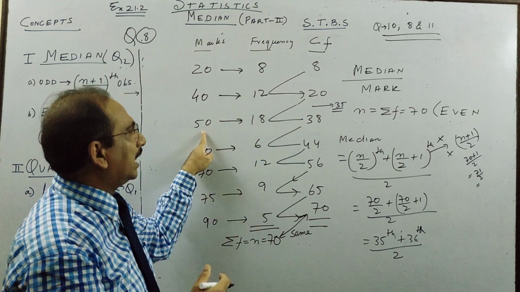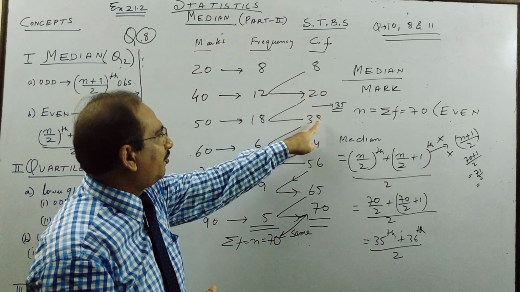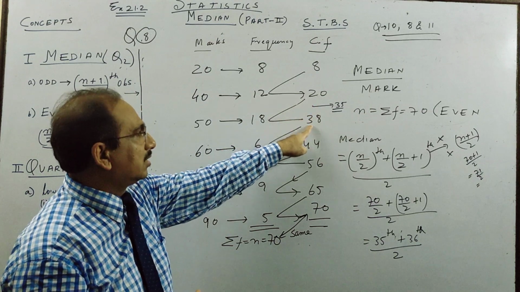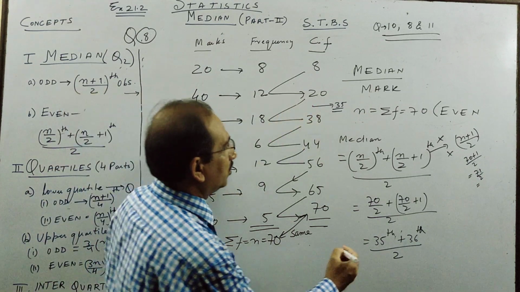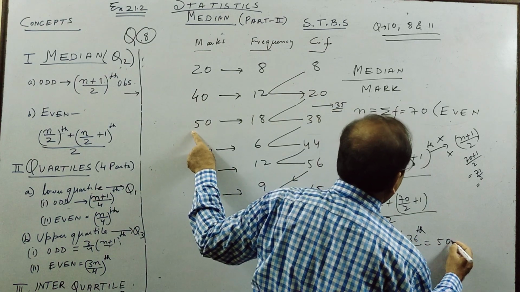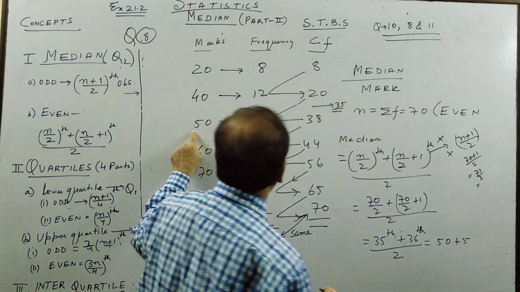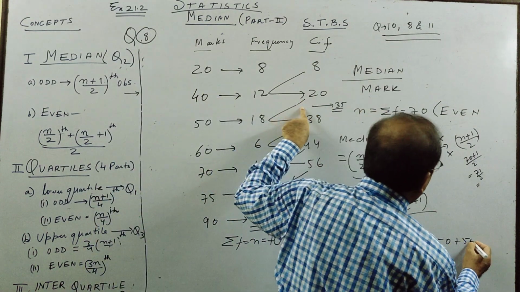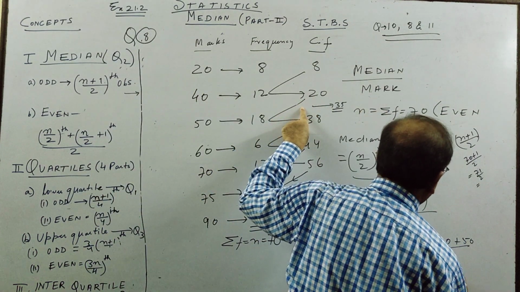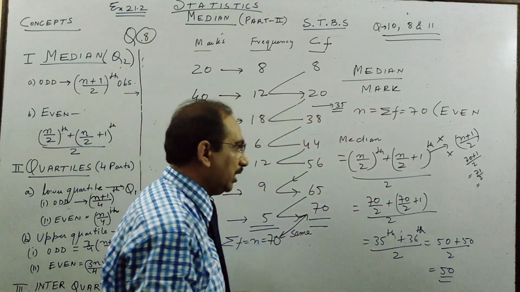So if they are standing in a line, 21st to 38th, they are getting 50 marks. So this is 50 plus 36th also. 36 is less than 38, by 2. So median is 50.